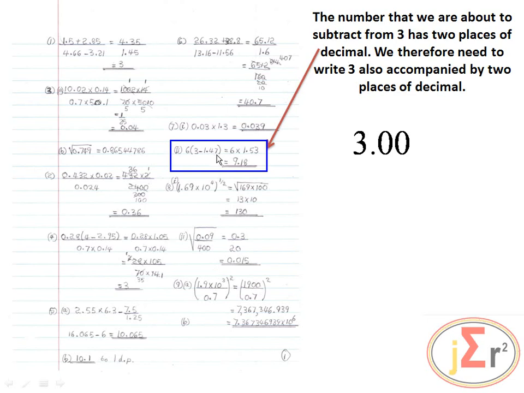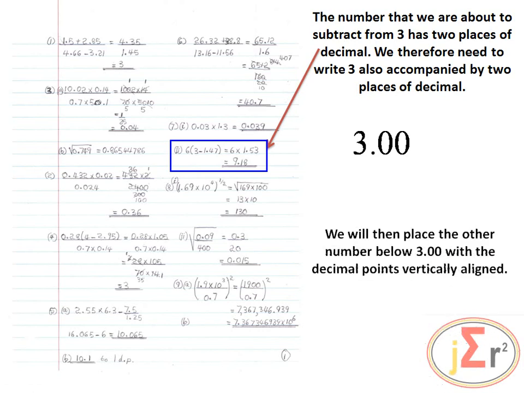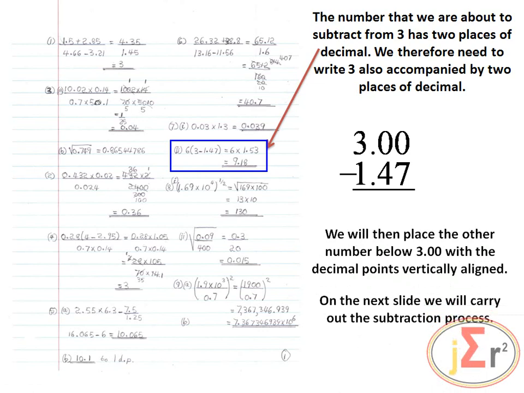We have to plan ahead, catering for the 2 places of decimal in the number that we are about to subtract, by also including 2 places of decimal in the number that we are subtracting it from. So we will then place the other number below 3 with the decimal points vertically aligned. No problem. On the next slide, we will carry out the subtraction process.